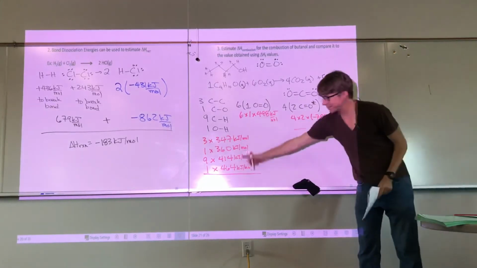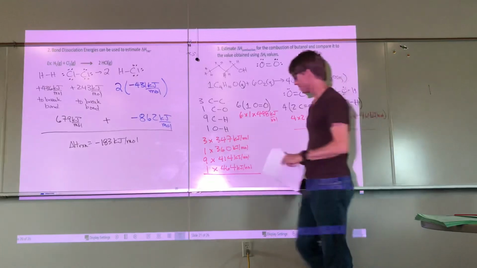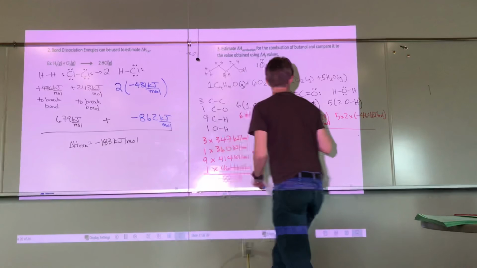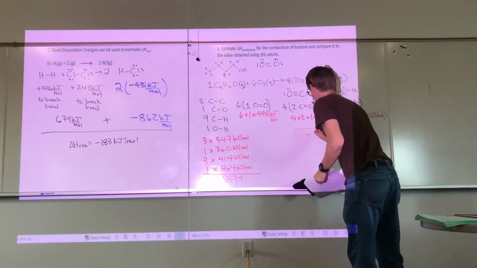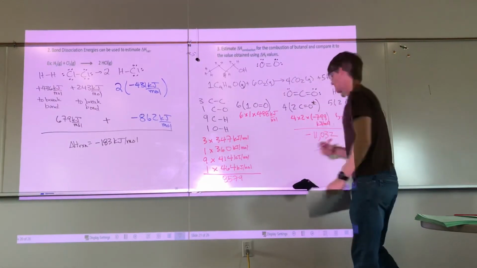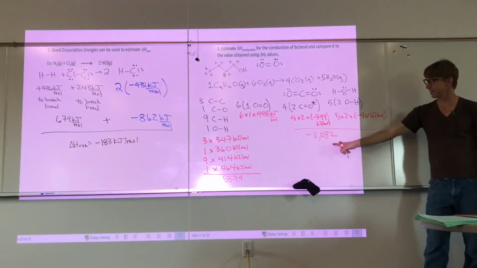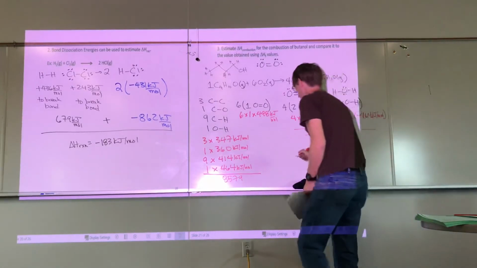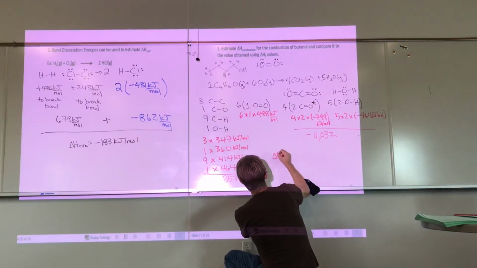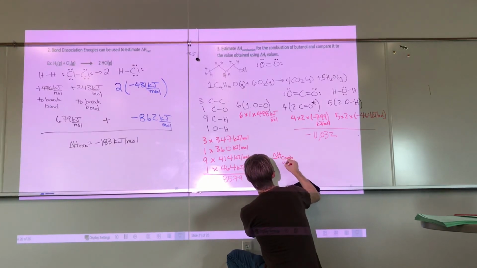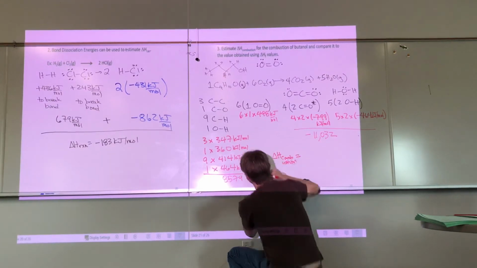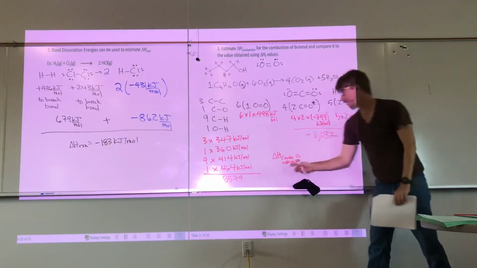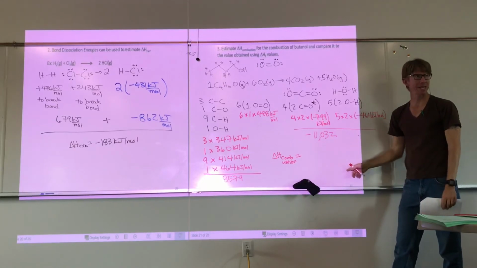If I add up all these numbers, I get 8,579. If I add up and multiply all these, I get minus 11,032. And then I straight add them, meaning this is positive plus this is negative, and I get my final answer.